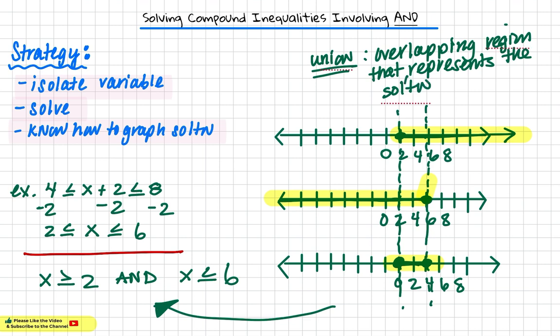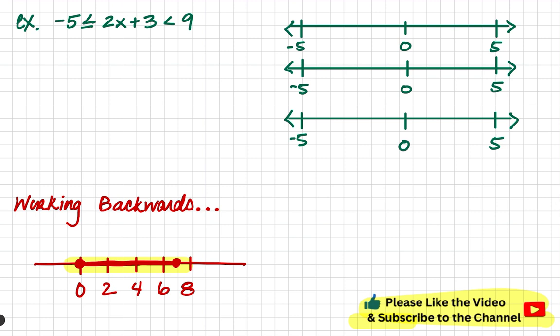Okay. We're going to practice one more time. So in this one, we have an example of -5 is less than or equal to 2x plus 3, which is less than or equal to 9. Restated again, we can say that -5 is less than or equal to 2x plus 3, and 2x plus 3 is less than or equal to 9. I want to first isolate the variable. So I have plus 3 here.